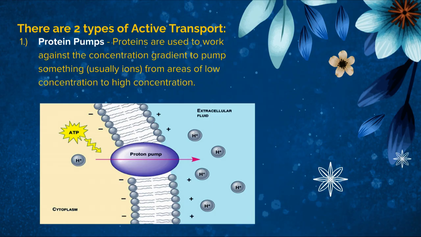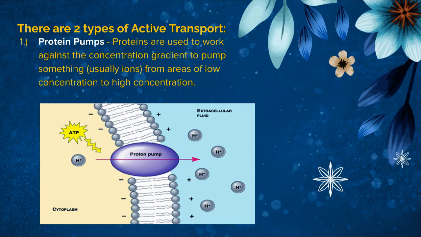So the 2 types of ways in which we can accomplish this are, number 1, the use of protein pumps. Now, proteins are going to be embedded into the cell membrane. So if you look at the image that's on your screen, we have this proton pump, which is a protein. And its job is to push or to pump ions across the cell membrane.